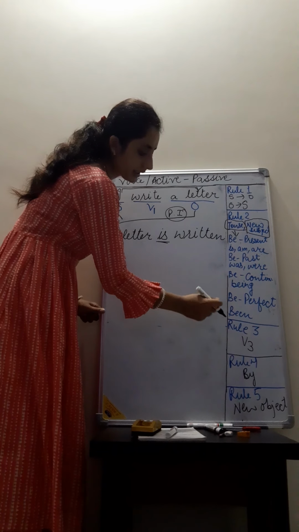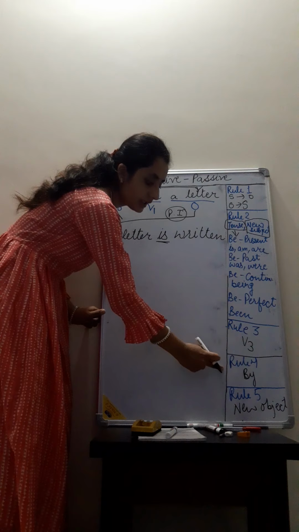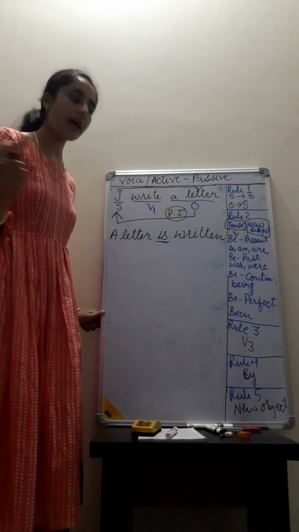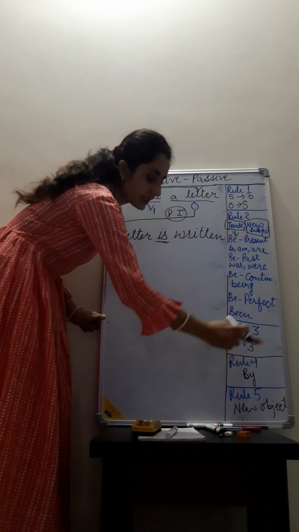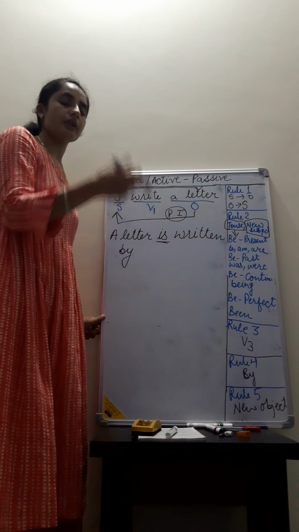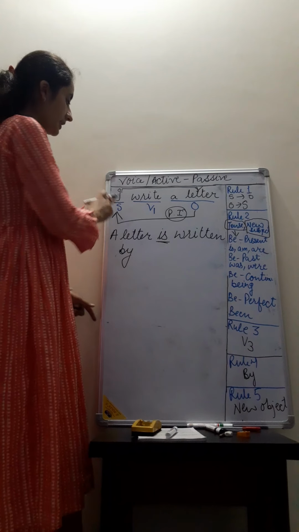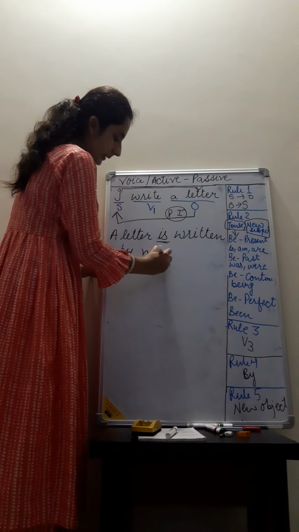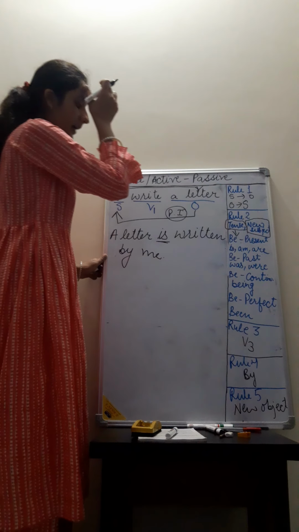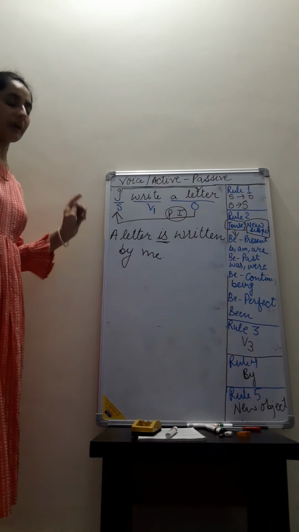We have completed our rule number 3, and rule number 4 says add by. And rule number 5 says make the subject the new object. The subject was I, so we will make it by me. A letter is written by me. I hope you have understood it.